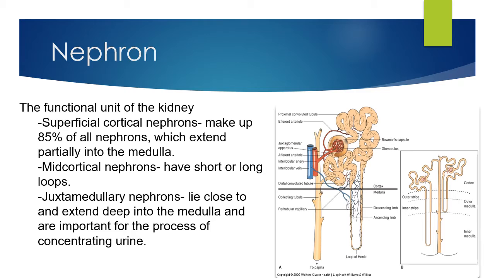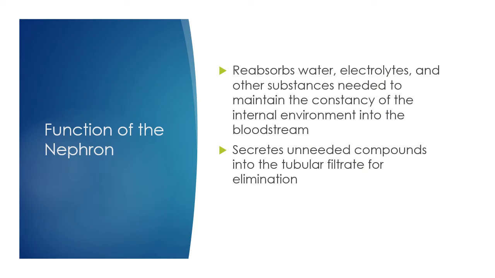And the different epithelial cells that line various segments of the tubule facilitate the special functions of either reabsorption or secretion. So the nephron has its main functions in reabsorbing water and electrolytes and other substances, and secretion of the unneeded compounds that will be eliminated from the body.